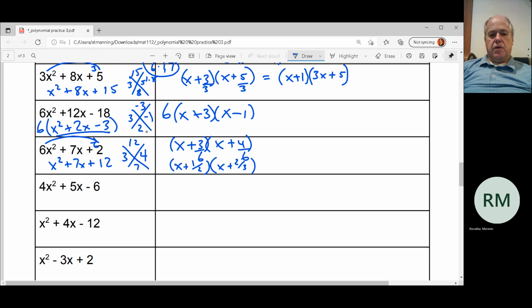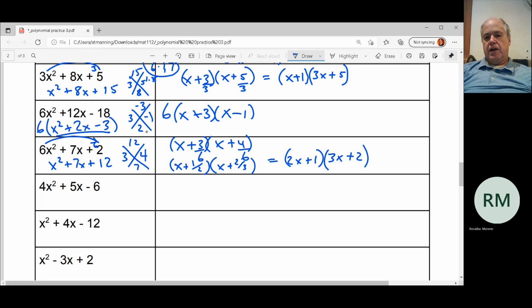Or 2x plus 1 times 3x plus 2. 2x times 3x gives us a 6x squared, plus a 3x plus a 4x gives us a 7x, plus the 2. So checking my answer, it does multiply out back to be that, verifying the factor.